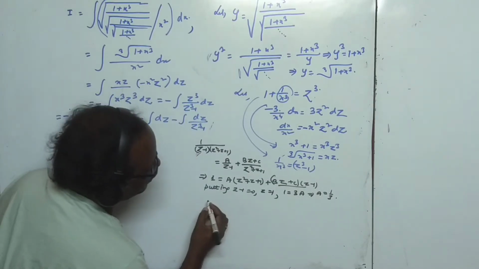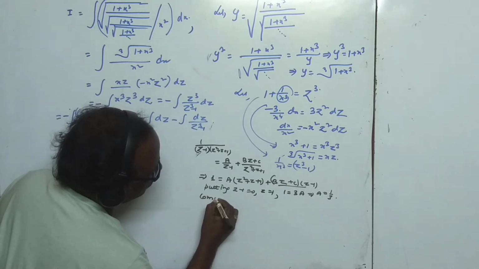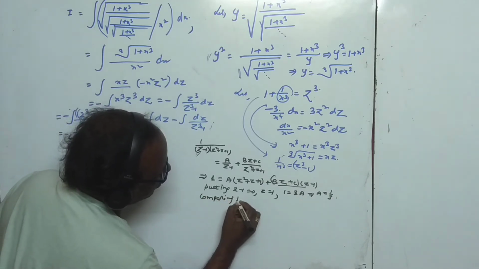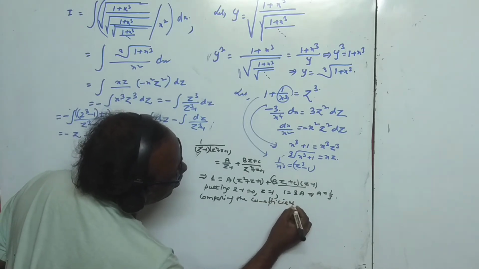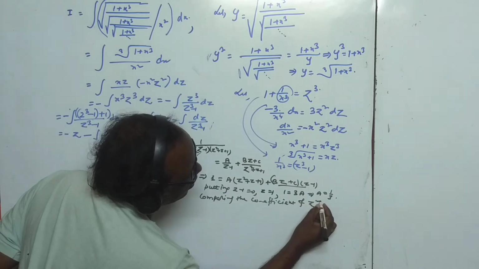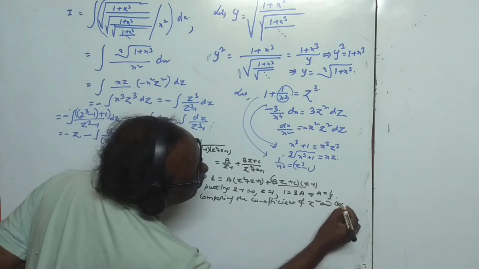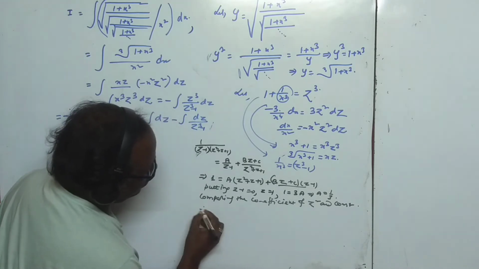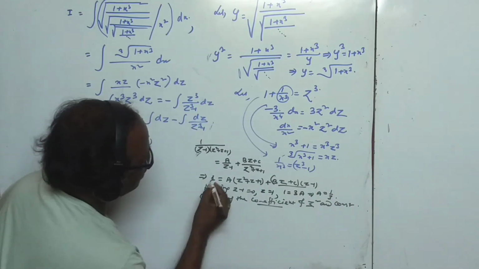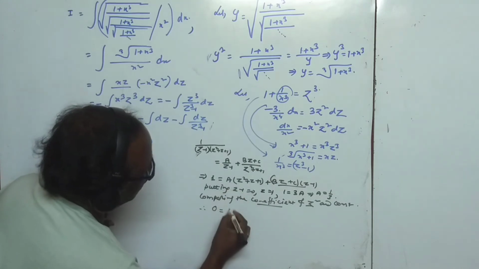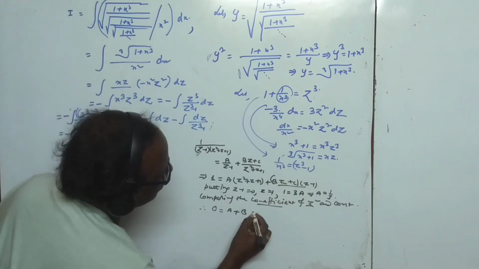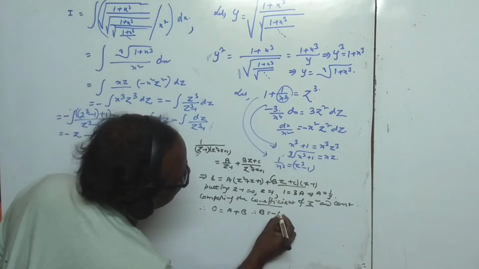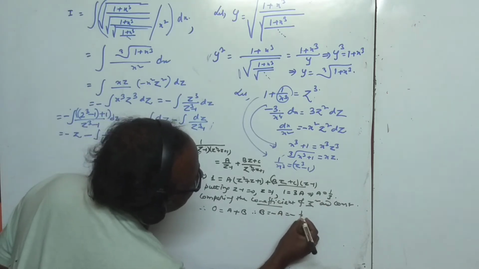Now comparing the coefficient of z square and constant. Okay, so coefficient of z square, on the left hand side be 0 here, right hand side be z square into a, and bz plus z is z square, that is b. So therefore b is equal to minus a, and value of a is 1/3.